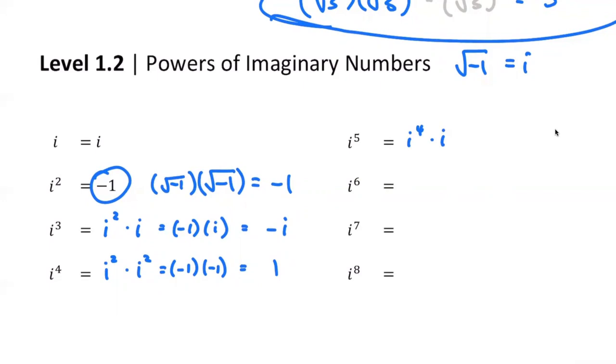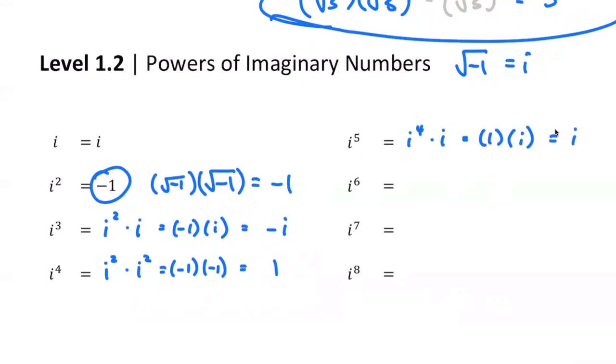But I choose i to the fourth power times i because i to the fourth power is a very nice number. You know what that number is? It's 1. So I don't have to worry about negatives or i or whatever. It's just 1. It's easy, right? So i to the fifth power is simply i to the fourth times i, which is 1 times i. So it's just i. Easy.